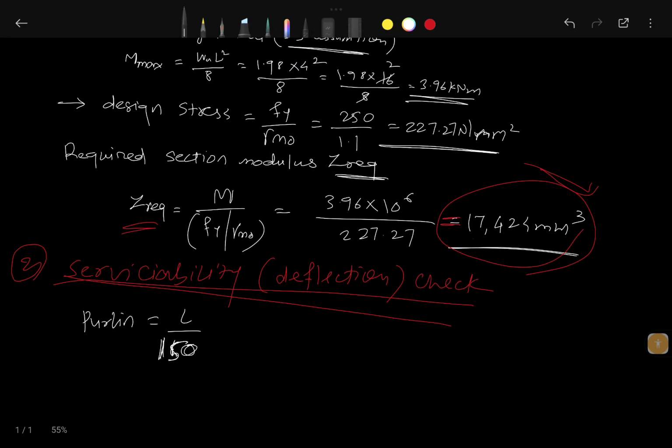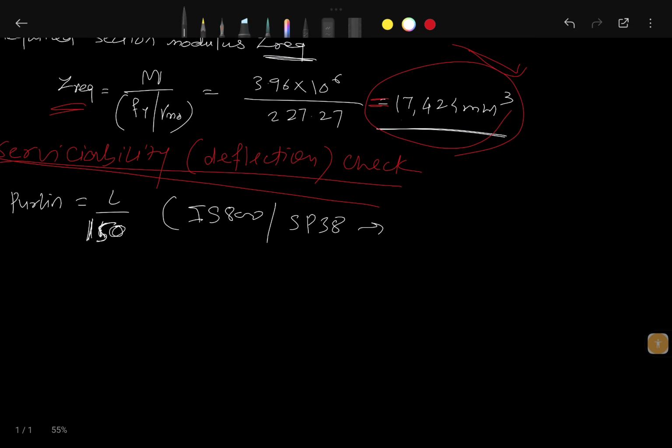This depends on IS 800 or SP 38, or on whether the cladding is brittle versus flexible.